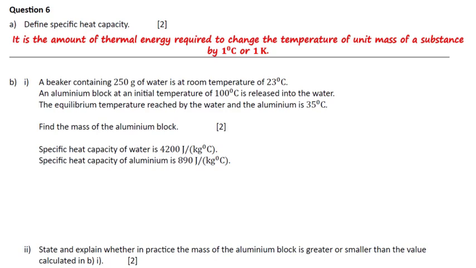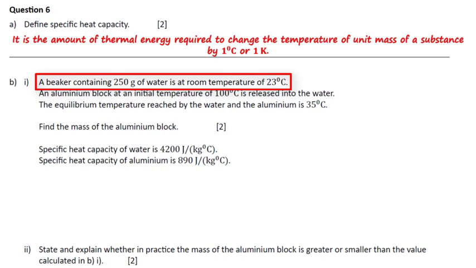Celui qui gagne heat, c'est celui qui a la température plus basse. Alors, ici, c'est le water qui a la température plus basse parce qu'il est à 23 degrés Celsius. Et l'aluminium, au commencement, c'est 100 degrés Celsius.